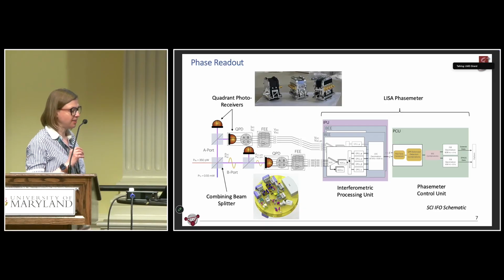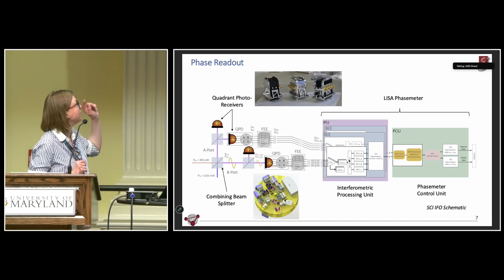So first, the phase readout. Here is the schematic of how the science interferometer looks. We have the combining beam splitter on the optical bench, where the RX incoming beam, here in red, and the local TX are overlapped. We have two output ports of the interferometer, 4 quadrant photoreceivers in total for redundancy. Each of them, as we know from Ryan's talk yesterday, consists of a diode as well as electronics that amplify the signal.